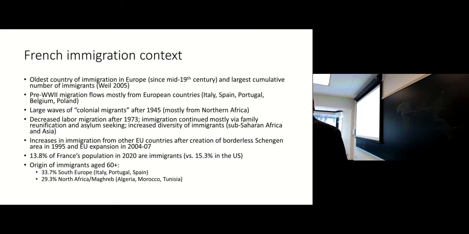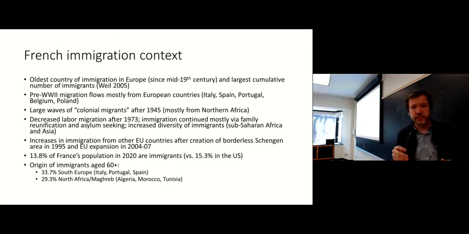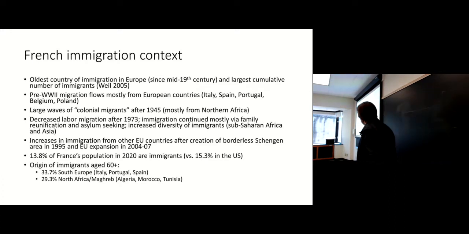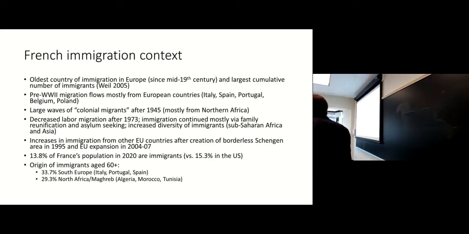And so before World War II, migration flows were mostly from European countries: Italy, Spain, Portugal, Belgium, and Poland. Then after 1945, you have large waves of what we call colonial migrants, mostly from northern Africa. France had a lot of colonies in sub-Saharan Africa, but even more tightly with northern Africa.